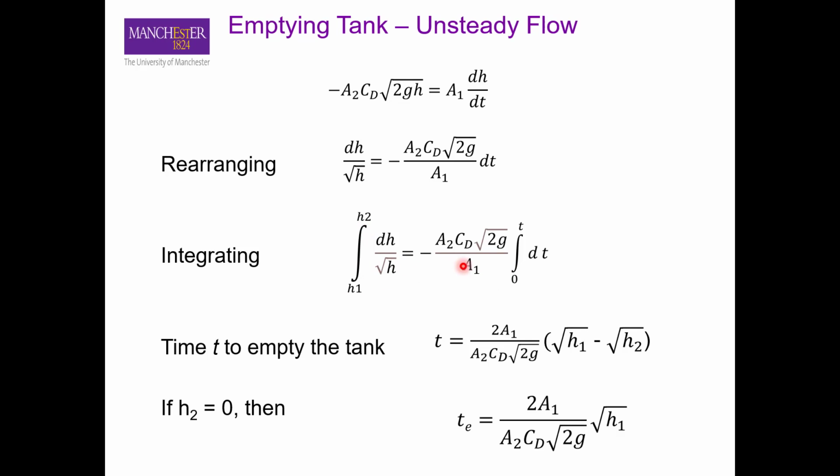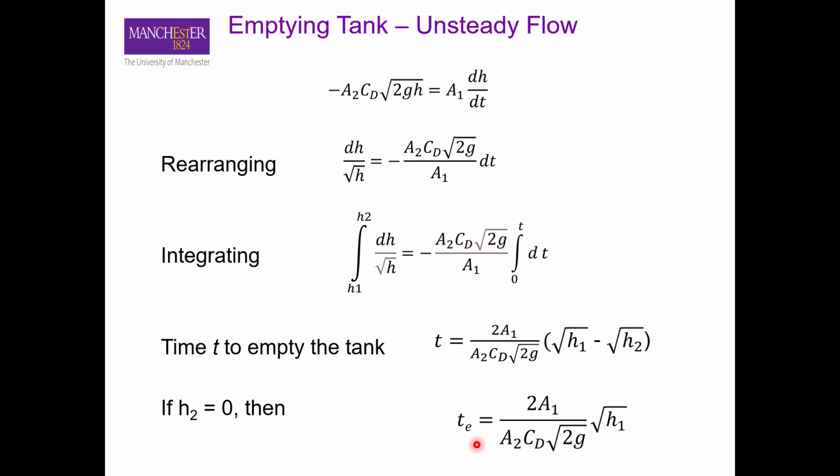Okay, so if you do the simple integration, you get this equation in the form of t, that is t is equal to a set of constants times the square root of h1 minus h2, and in our case we know h2 is 0 when the tank is completely empty, so I wrote te. E means the time to empty the tank, so we put h2 equal to 0, and we get this final equation here.